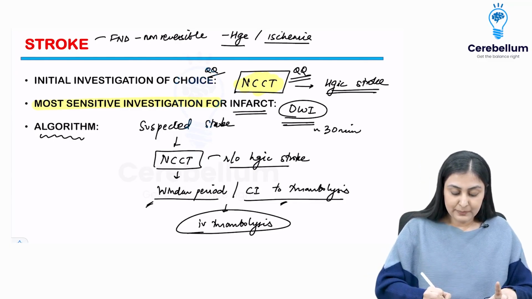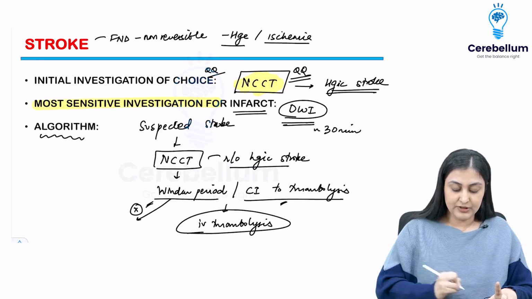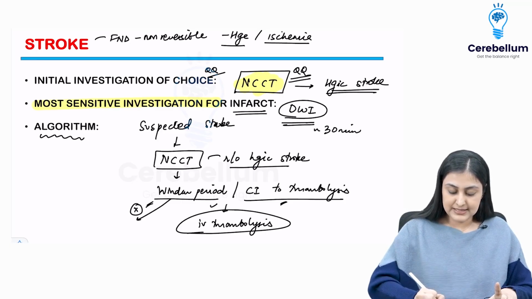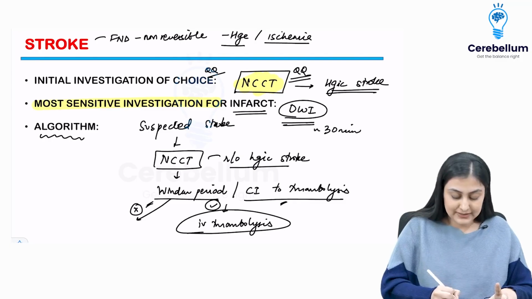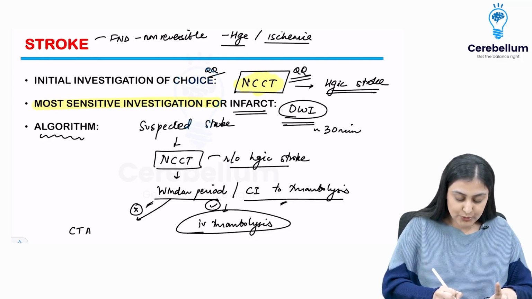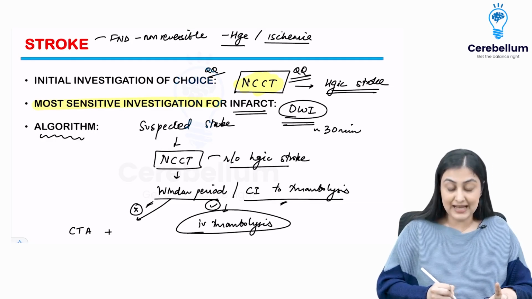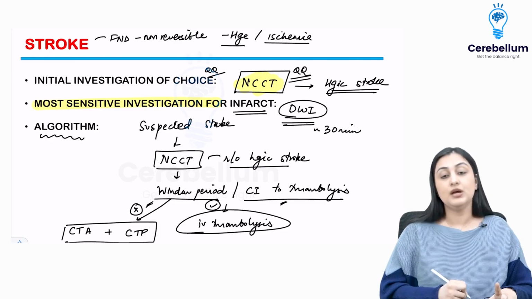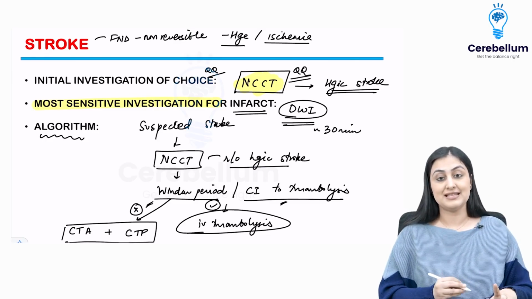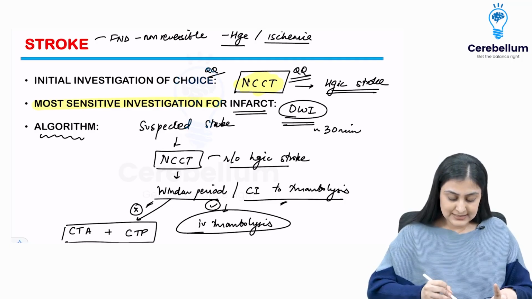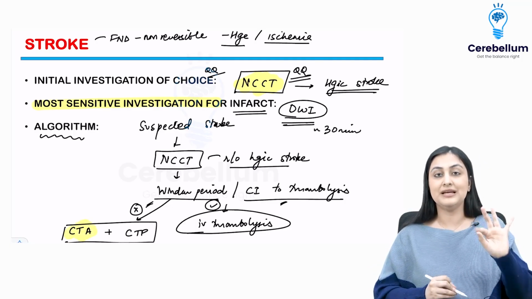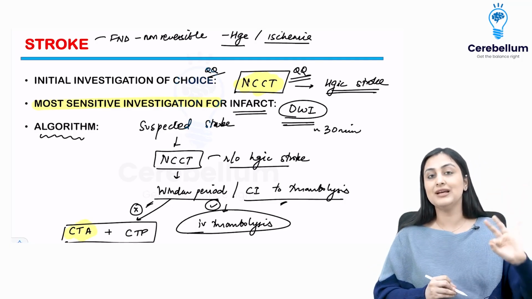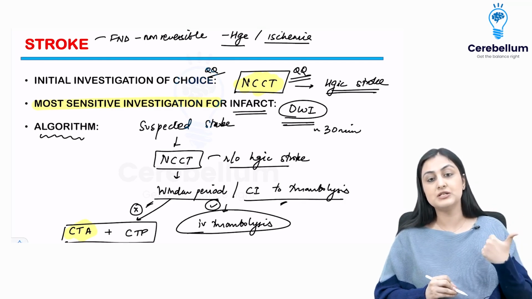Now, if the patient is not in the window period, if IV thrombolysis is not possible, in that case, we need to do two investigations, which are CT angiography with CT perfusion. What is CT angiography and CT perfusion? So in CT angiography, we will be injecting contrast and looking at the vessels to see which vessel is blocked.